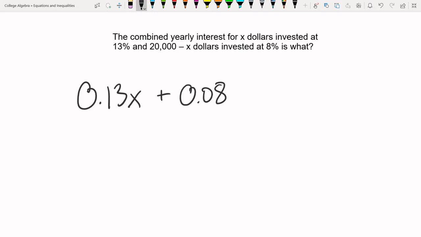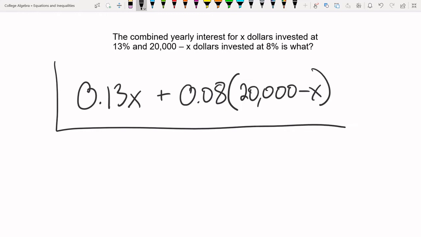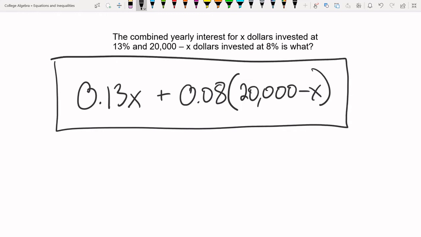We always use a decimal representation. And this is going to be times how many dollars are invested at that rate, which is 20,000 minus X. This is the interest that you gain after a year from these two accounts. All you have to do is plug in X and you can figure out the exact amount of interest gained.